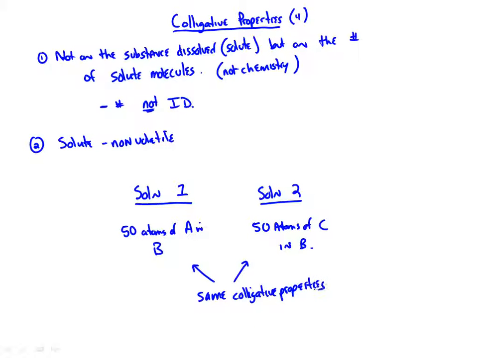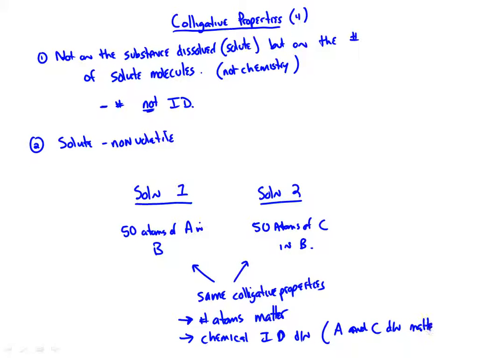Because what it cares about is the number of atoms, but the chemical ID does not. So it doesn't matter whether it's A or C dissolved. Therefore, A and C don't matter. So they're properties that purely depend on something being dissolved in something else and not what we're dissolving it in.